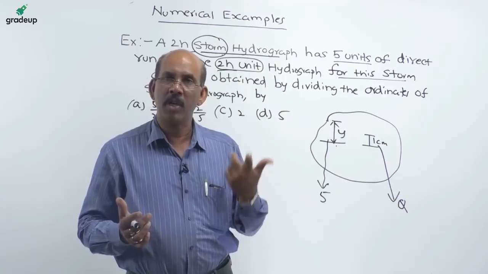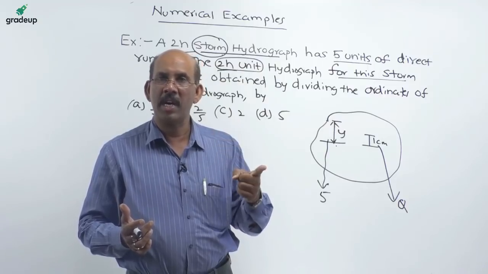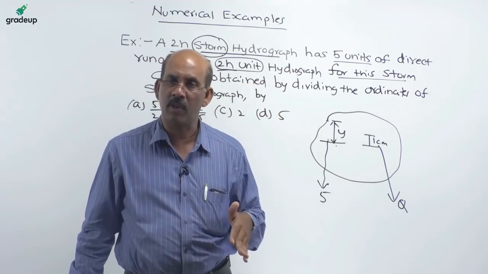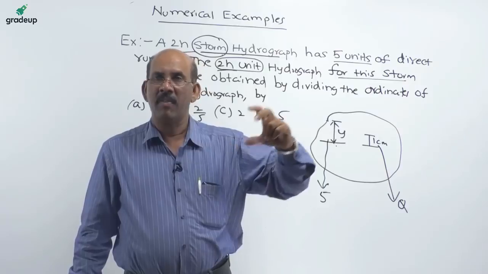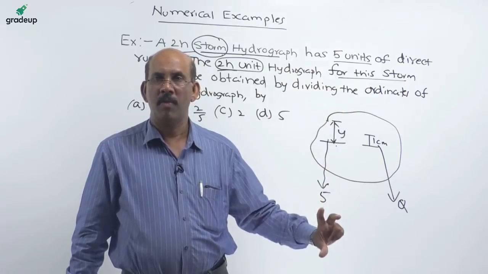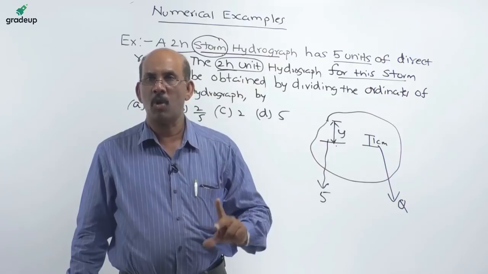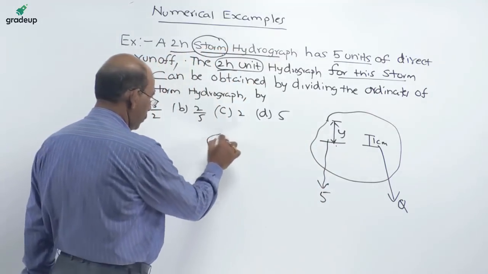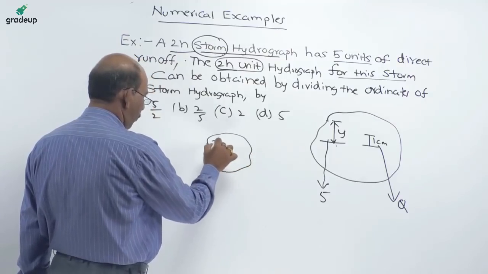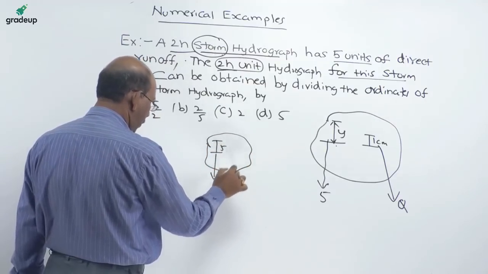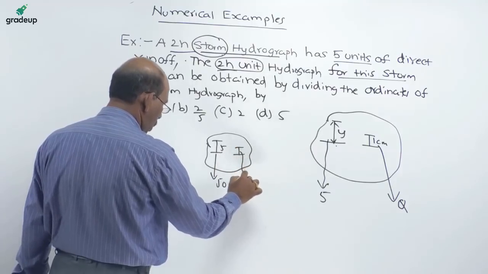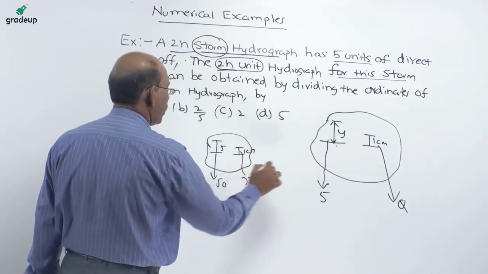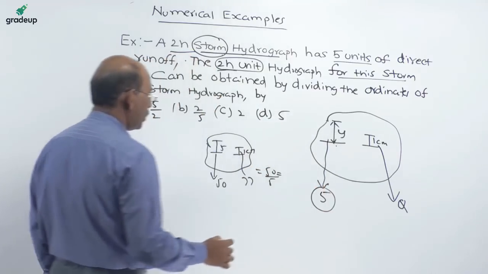The ordinate of the unit hydrograph means the effective rainfall, that is, after the subtraction of the base flow. As I mentioned, if 5 centimeters produce 50, how much does 1 centimeter produce? I divided 50 by 5, so the answer is 10.